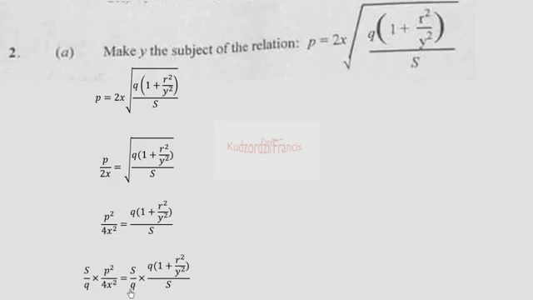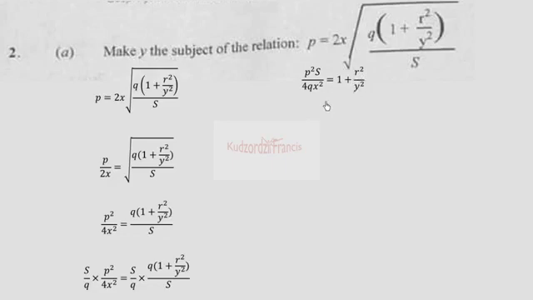So s over q will cancel this. We are left with this p squared s. If you multiply this and this, you get p squared s, and this will give you 4qx squared is equal to 1 plus r squared over y squared.